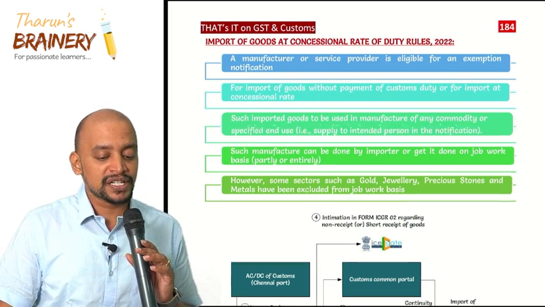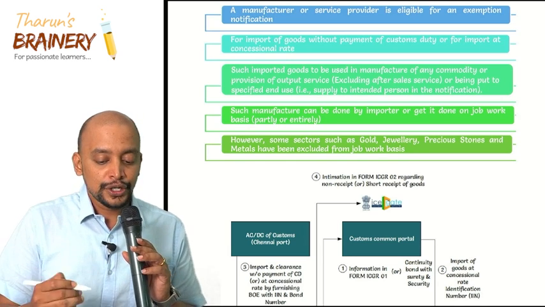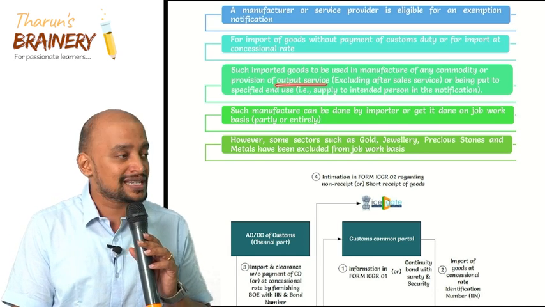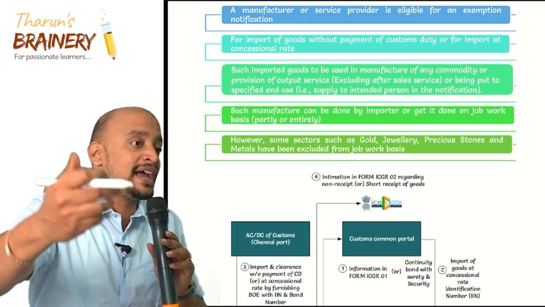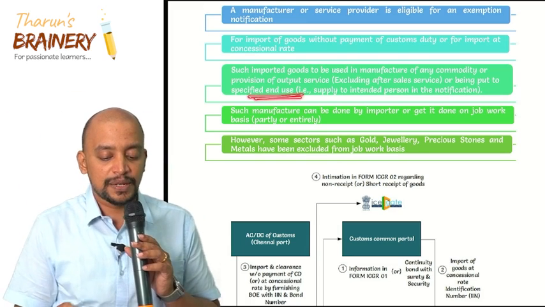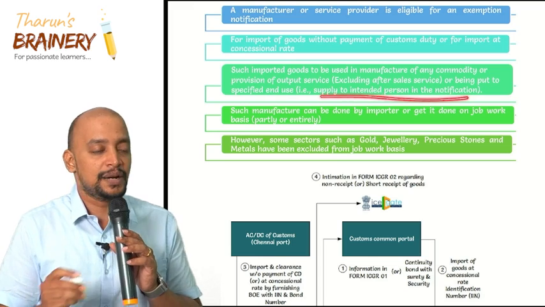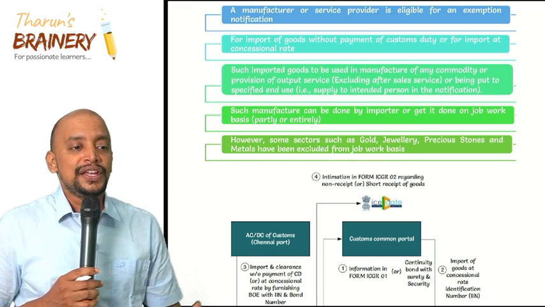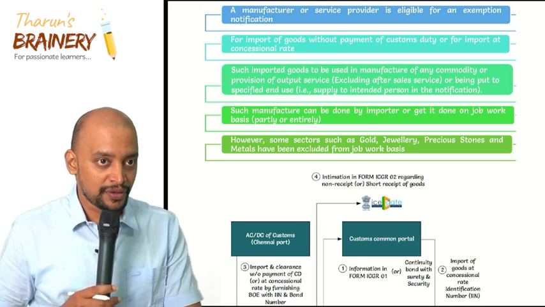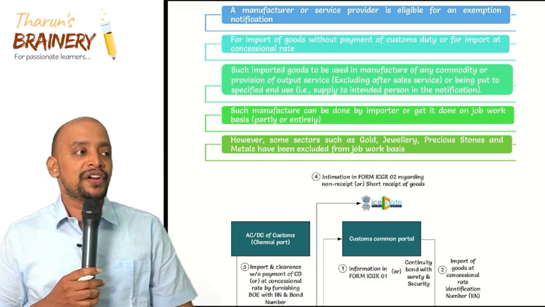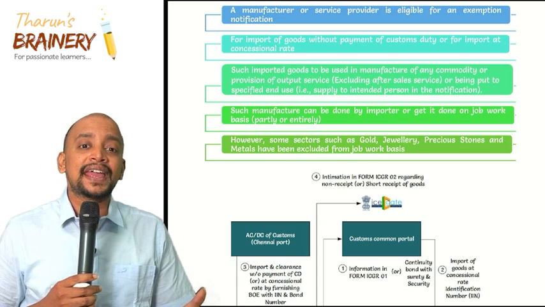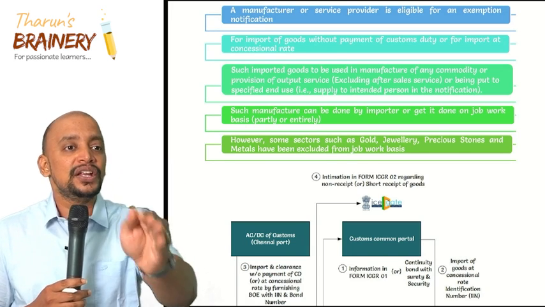Now, what is the purpose for which you will import that goods? To manufacture the notified goods or to provide the notified service or to supply it to a specified end use recipient, that is supplied to an intended person in the notification. So, what is that you will do with that goods here? Either you will manufacture the notified goods or you will be providing the notified services or you will be supplying it to a specified end use recipient.